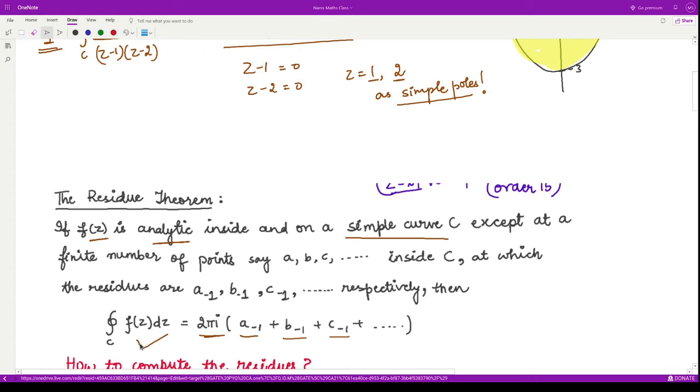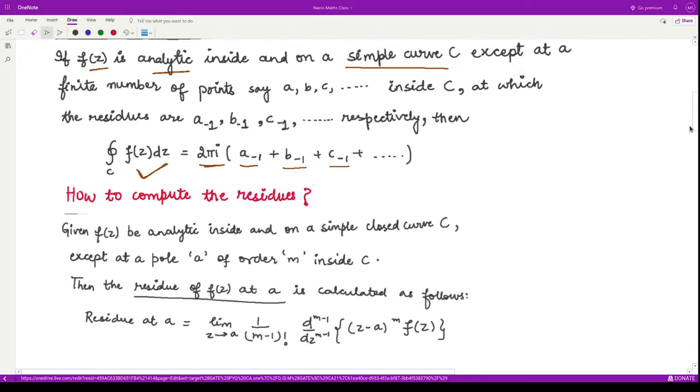So that would be our integral. And how do we calculate these residues? These corresponding residues are calculated using this formula, where m is the order of that particular pole and a is that particular pole.